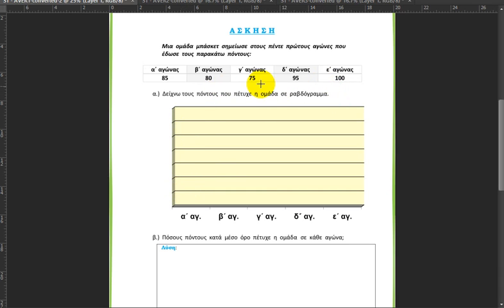Now our greatest value is going to be 100, so I'm going to need 100 to be here on the top. And if 0 is here, let's see, how many lines do we have? We have 1, 2, 3, 4, 5, 6, 7. No, that's an odd number.